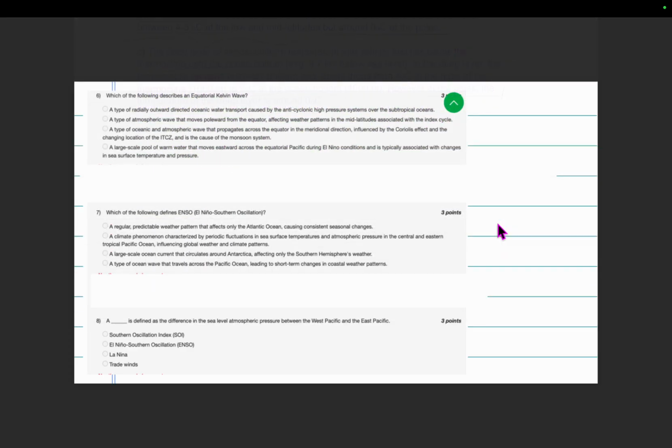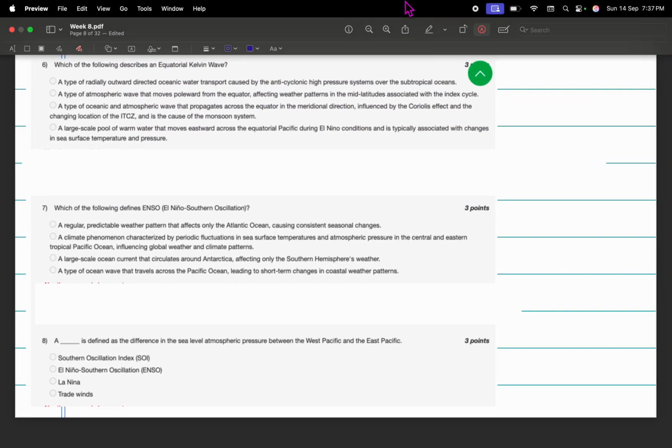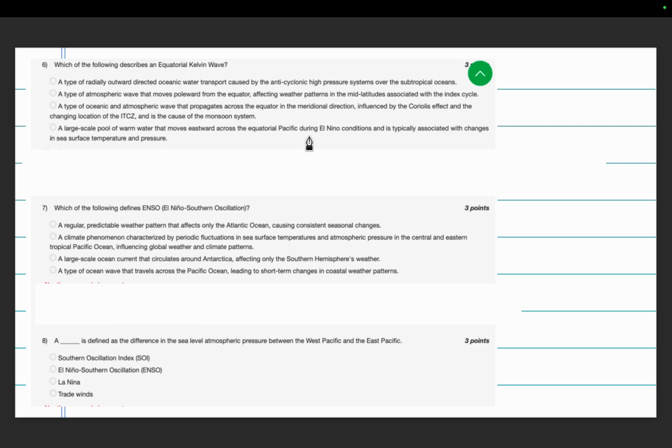Now question 6, which of the following describes an equatorial Kelvin wave?